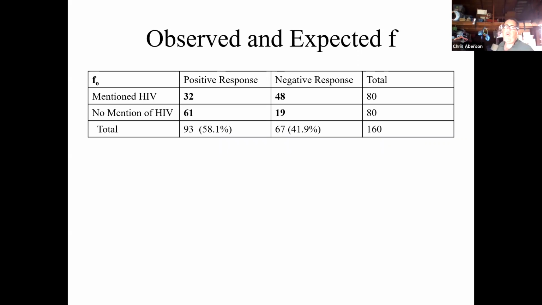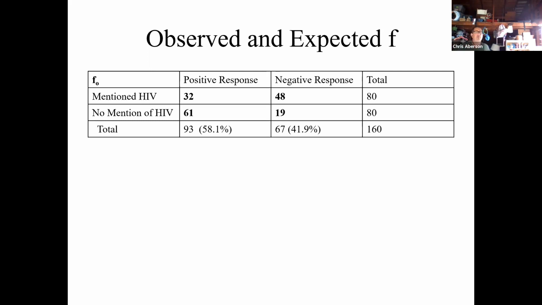Well, one way we can do this is we can say, okay, overall, what did we get? We got 58 total positive responses, or 58.1% total positive responses, 41.9% negative responses. If these two things are independent, we would expect that to be the distribution, 58% versus 41.9%, regardless of HIV status.